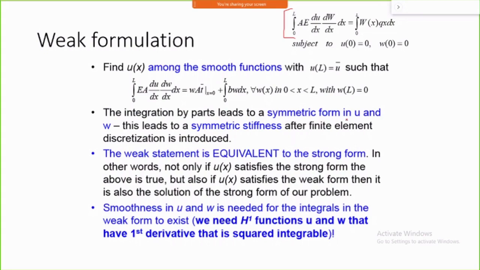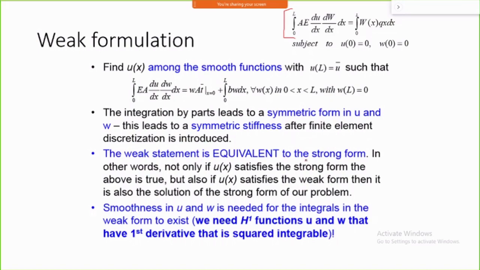So we got the same derivative for u as well as w, and that will give a symmetric stiffness matrix. Once we got a symmetric stiffness matrix, we can use that symmetry for faster calculations. We will discuss that part.